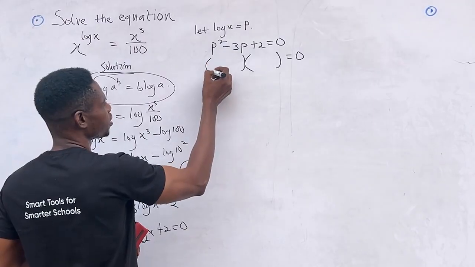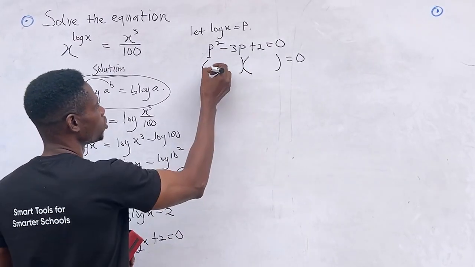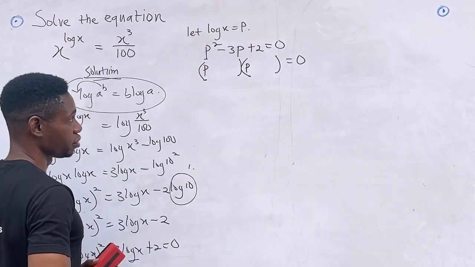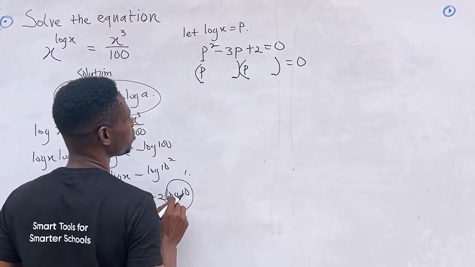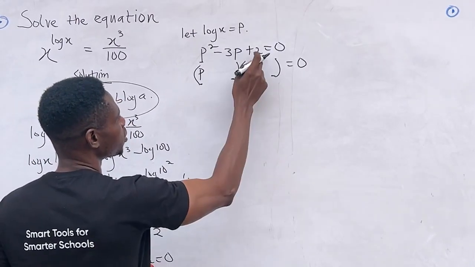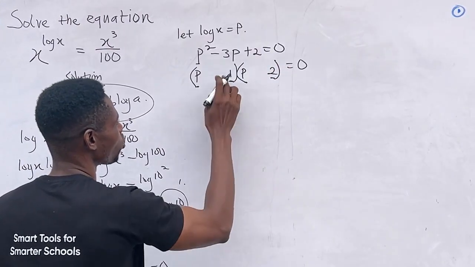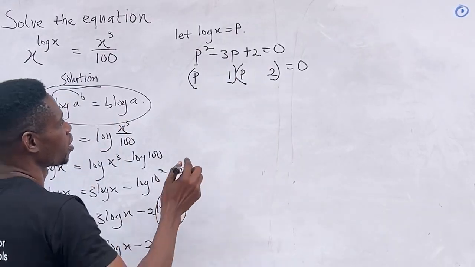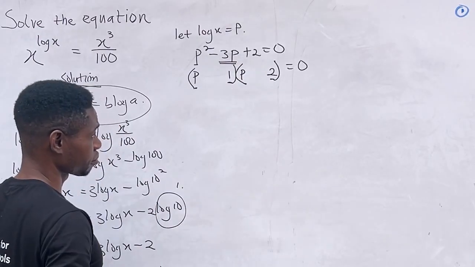Remember, the first term multiplied by the first term gives us this first term, which is obviously p and p. So p times p is p squared. Now the last term multiplied by the last term will give us this last term 2, which is obviously 1 and 2. So 1 times 2 will give us 2. Now the question is how we get our negative 3.